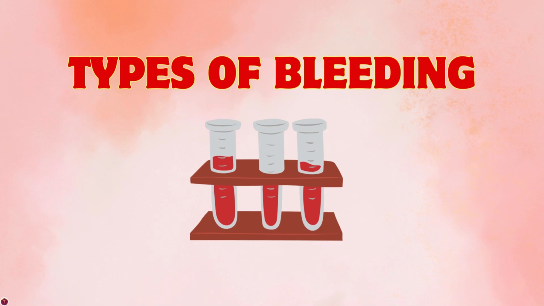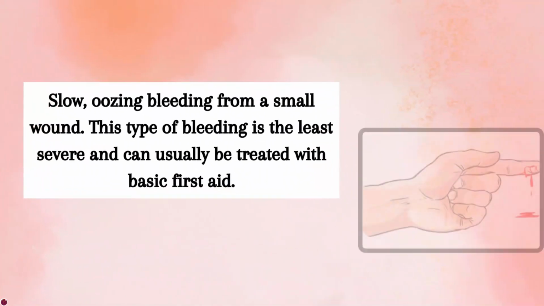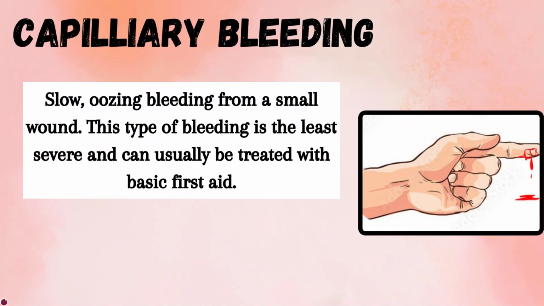Here are some types of bleeding. Loss of dark red or maroon blood that is steadily flowing is known as venous bleeding. This type of bleeding is slower and less severe than other types of bleeding. Slow oozing loss of blood from a small wound is known as capillary bleeding.